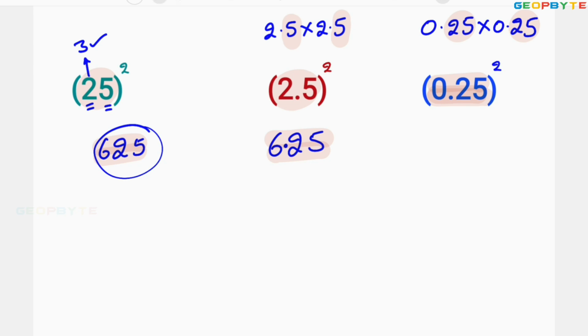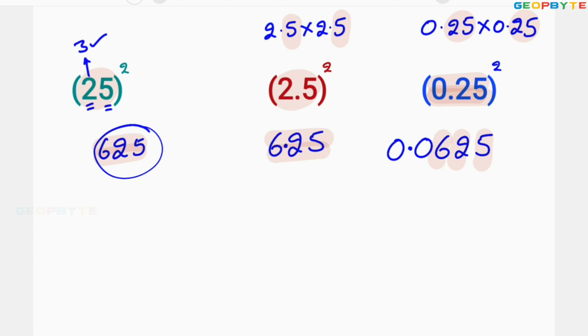First write the value of 625. You have to place the decimal point after 4 digits. 1, 2, 3. The next digit should be 0. So 0.0625 is the value of 0.25 whole square. See how simply you are getting your answer.